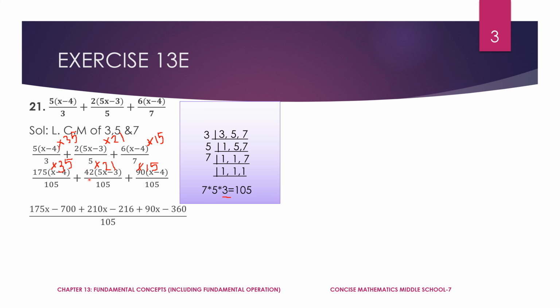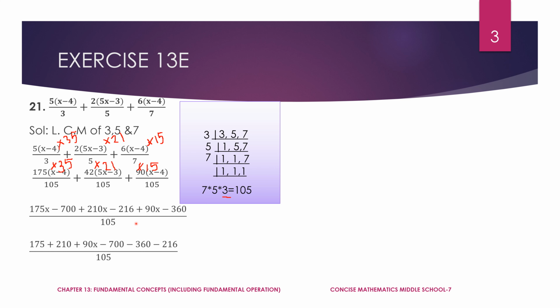42 into 5x, 210x, plus into minus, minus. 42 into 3, 126. 90 into x, 90x. 90, plus into minus, minus. 90 into 4, 360. Now here the x terms, 175x, 210x, 90x, all have a positive sign.